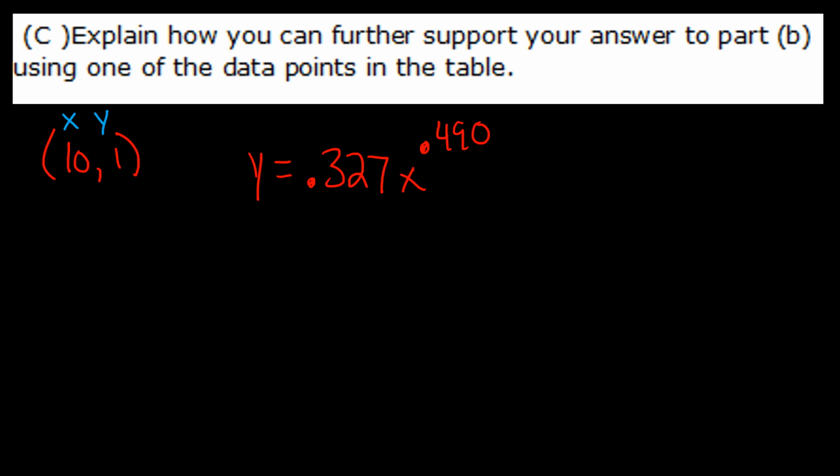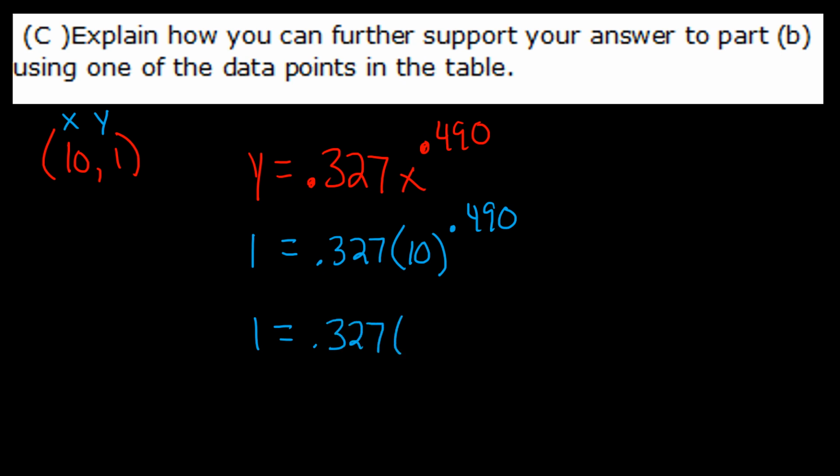So what you do is you just plug in those values. So we're going to plug in 1 for y equals 0.327 to the power. We're going to take 10 to the power of 0.490. And so what happens here is you then want to start solving this. So when we do this, we're going to say that 1 equals 0.327.